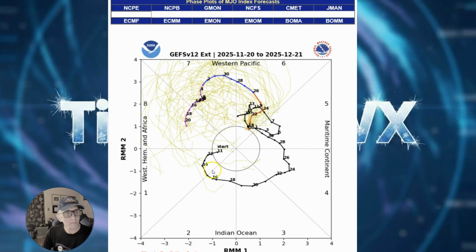So the problem has been the persistent La Nina pattern, which is a reversal of the El Nino. You just think of El Nino as warmer, rising air, and La Nina as cooler temperatures at the surface of the ocean in the Western Pacific, which is a competing factor against the rising motion of the Madden-Julian Oscillation, right?